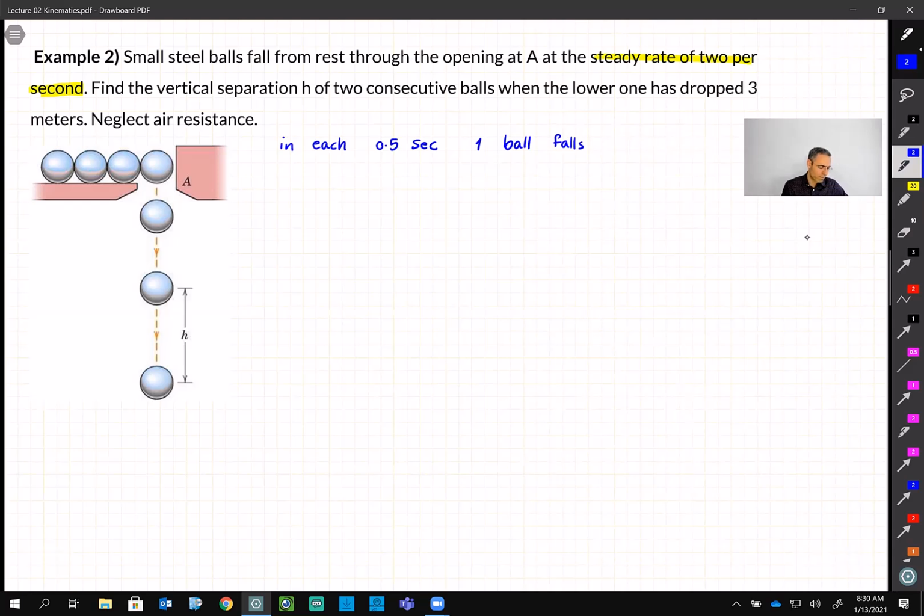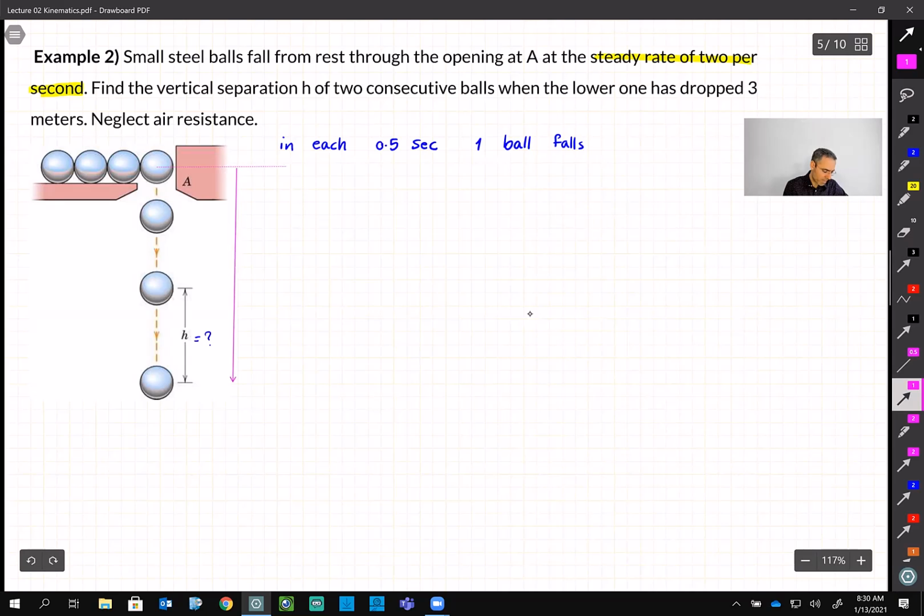And then the question says, well, find out h, this is h here, the distance between any two balls, if 3 seconds has passed when the first ball drops. Like, let's say, if this is our reference, right? And this is the first ball, coming down here. We don't know how much it comes. Let's call it H1. This is ball 1. Let's call this one 2.